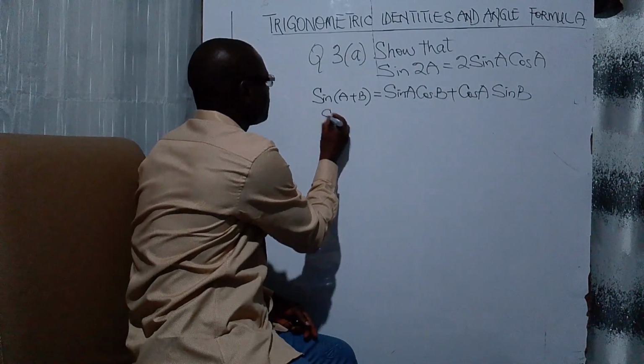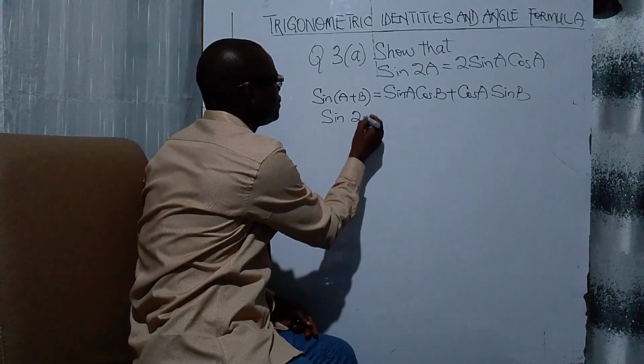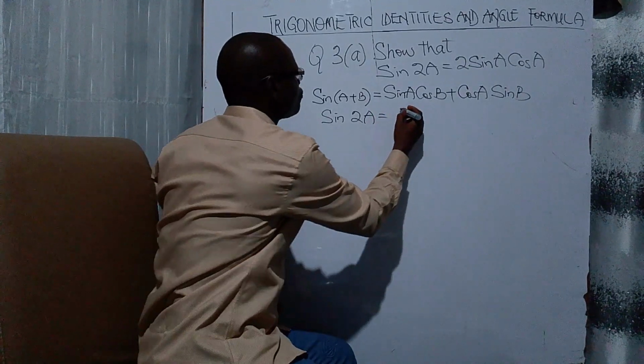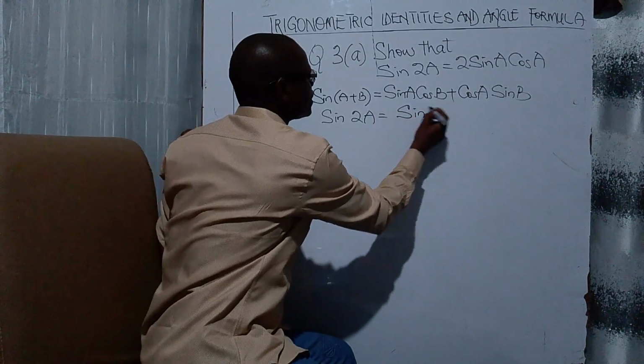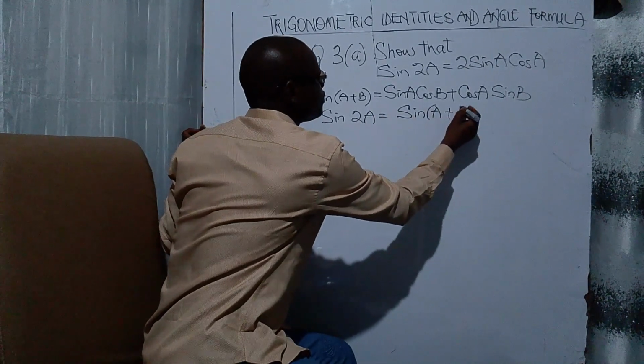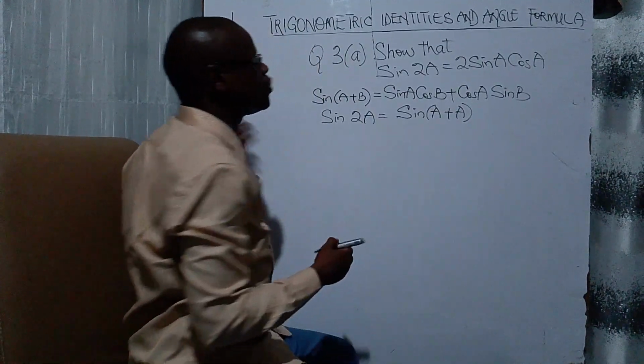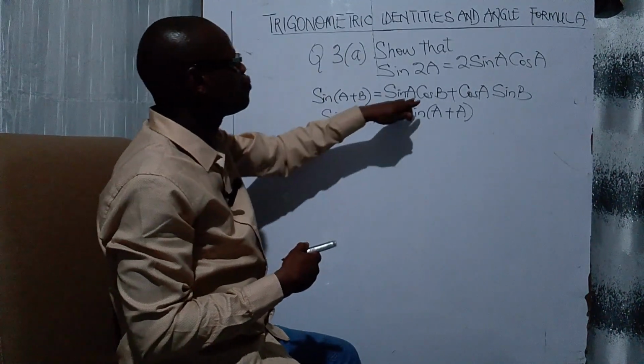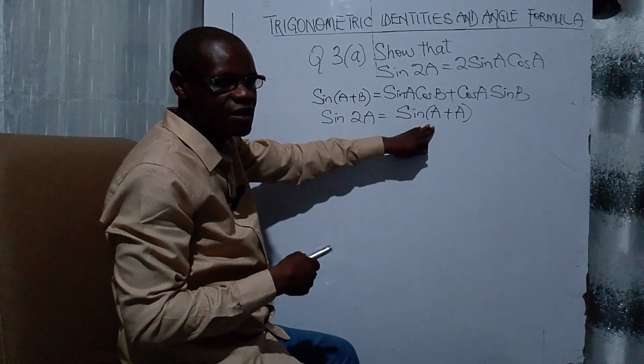So we can now say that sine 2a is equal to sine a plus a.